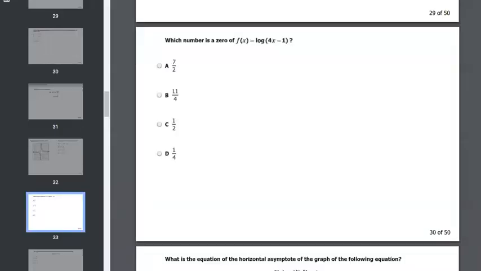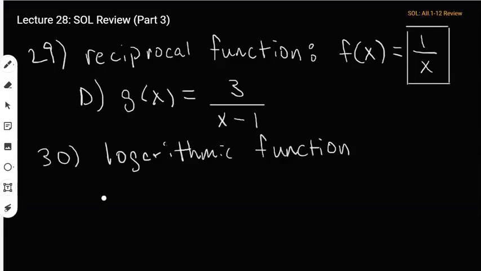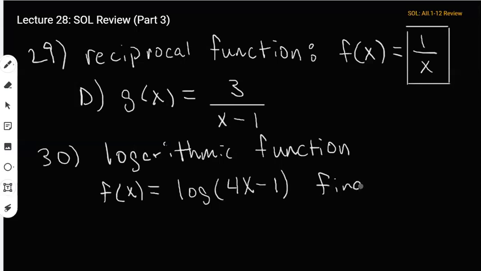F of x equals log of 4x minus 1. And what we want to do is find the zeros. So what we're going to do is take this function and set it equal to 0.